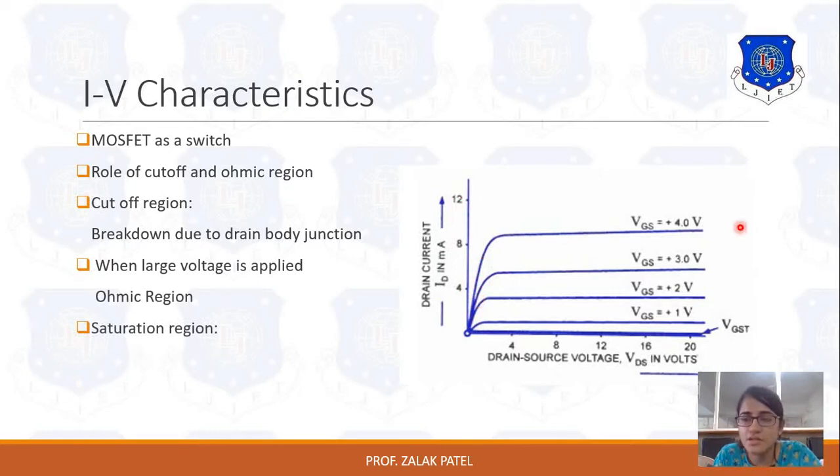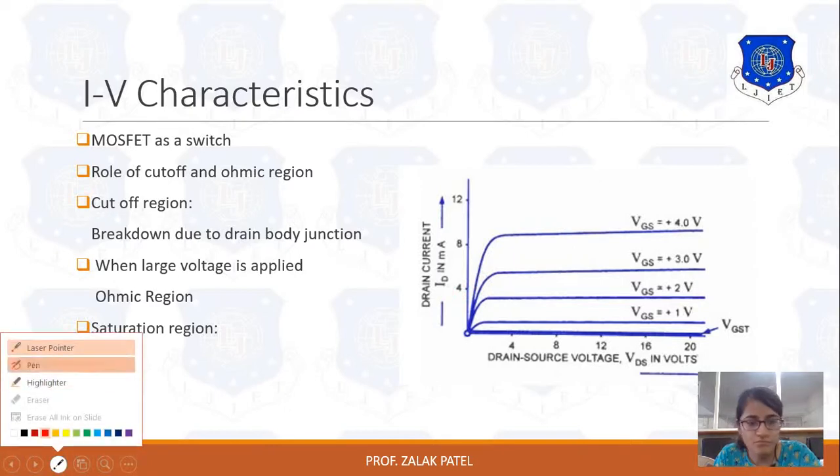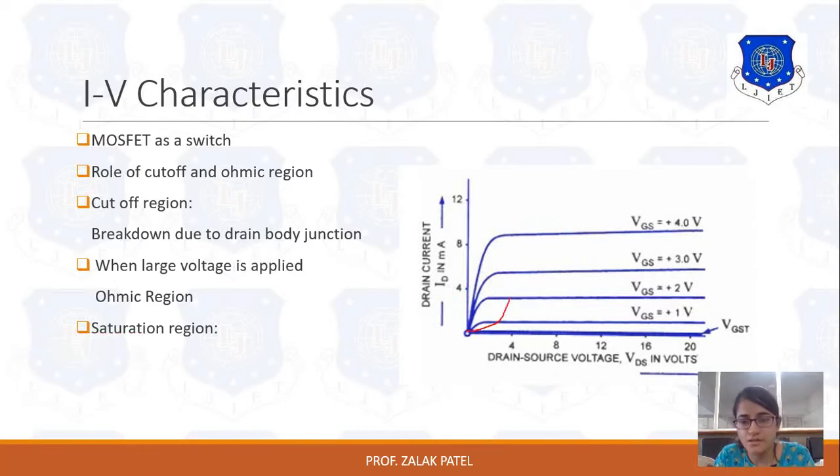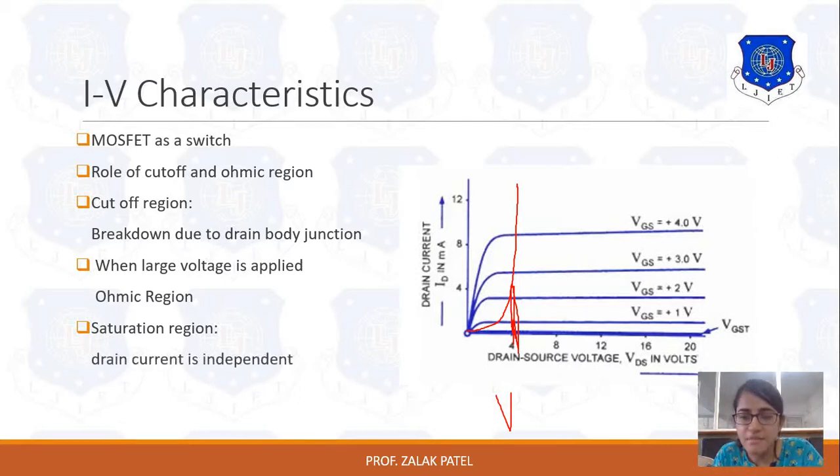Next is the saturation region. The saturation region is like this. Here, at a fixed value of the drain to source voltage, there is some high amount of drain current passing. Meaning over here the drain current is independent of VDS, so the graph should be like this for the saturation region.